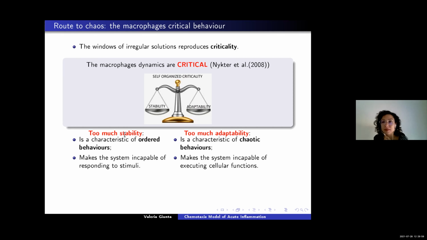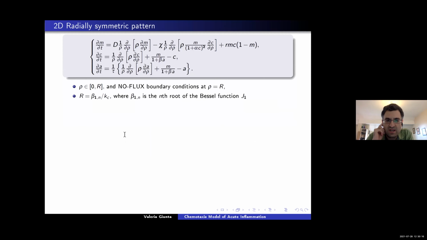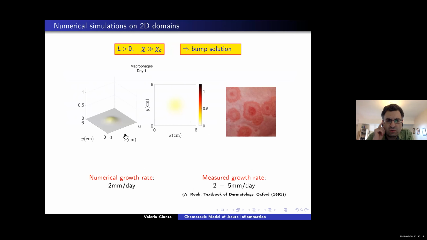We have one more minute, and if nobody else wants to ask a question, I have another one. My question has to do with the initial conditions. For example, if you try to reproduce the rings that we saw on the skin towards the end, you need to prescribe some sort of circular initial condition, right? Yes.